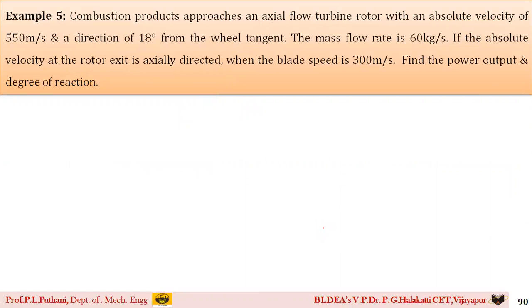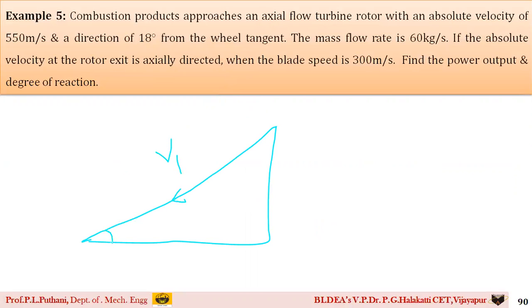As I told, let us draw the inlet velocity triangle here. Suppose this is my inlet velocity triangle. This is V1, this is alpha 1, this is VR1, this is beta 1, and then I have this as VF1.